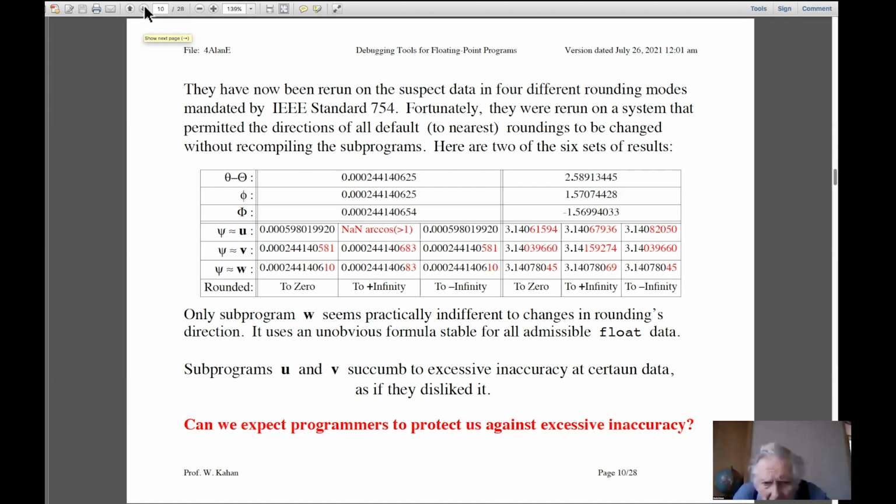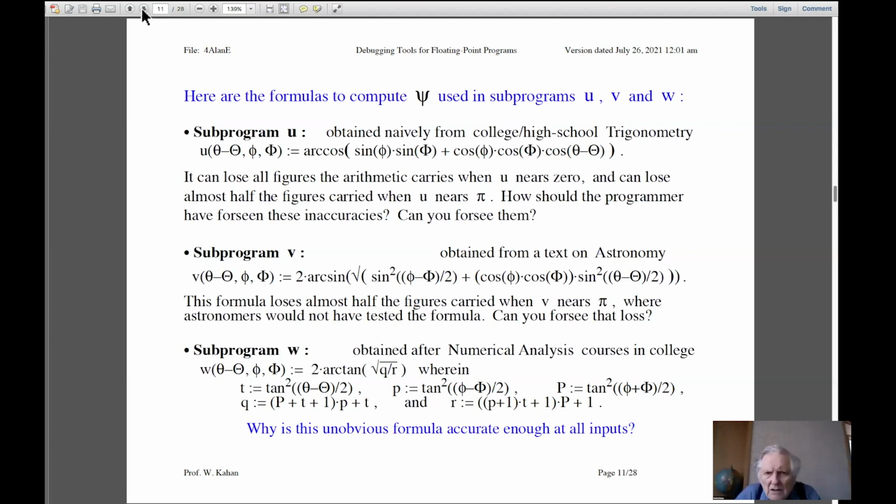Now, I think you'd probably be a little bit curious about which programs get these rather different results. And I have that on the next page. Okay. The subprogram U, which can lose all of its digits sometimes, that's a formula that would be obtained for the subtended angle if you just use the obvious trigonometric formulas, the kind that some people learn in high school and others learn in college.